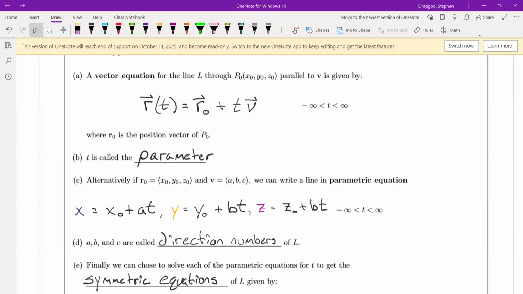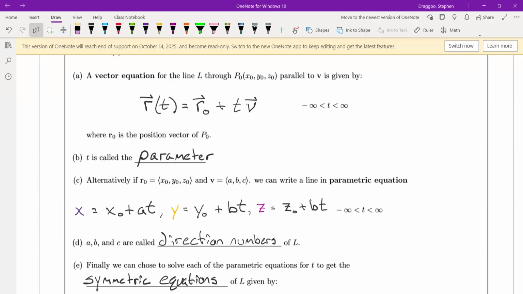And I want to claim that this should look an awful lot like y equals mx plus b, because both are describing lines. But I'm going to change it to be a vector valued function instead of a scalar valued function, but the pieces that make up a line are still mostly present.